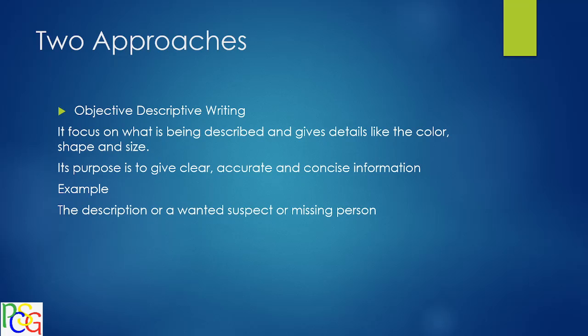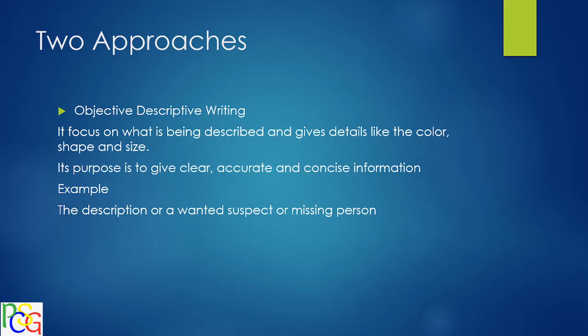It doesn't involve the other senses, like smell and stuff like that. But we need that clear picture. We need to know the height, how tall, how wide the face is, the size of the ears, everything. A very clear picture, and that is what the objective description is.